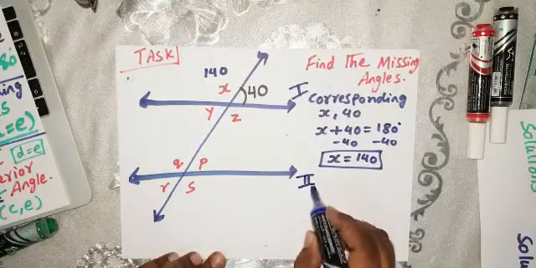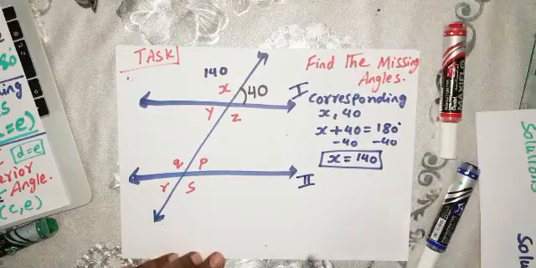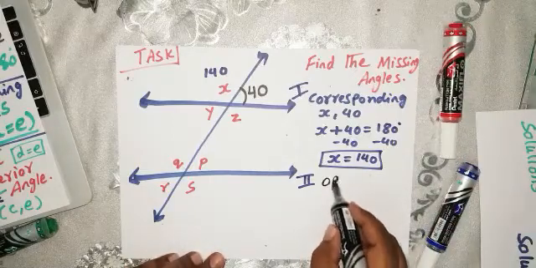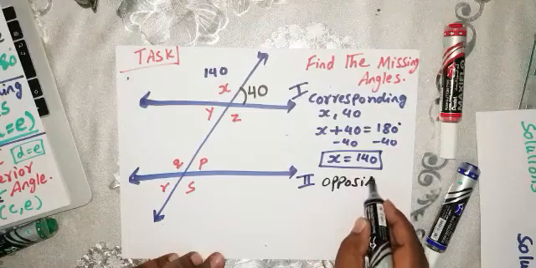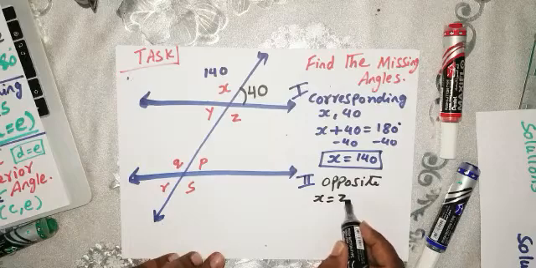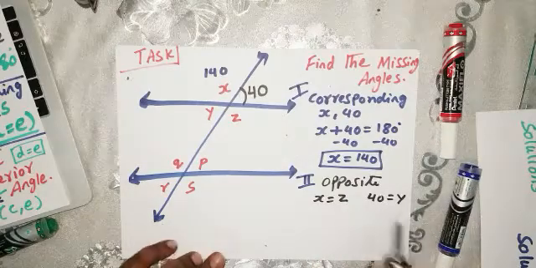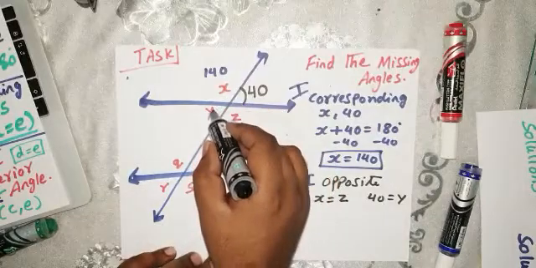Secondly, I will take the easiest option, which is opposite. Opposite angles, like X and Z are opposite. 40 and Y are opposite. So opposite angles are equal.